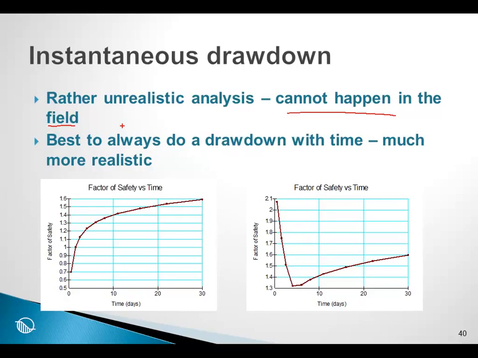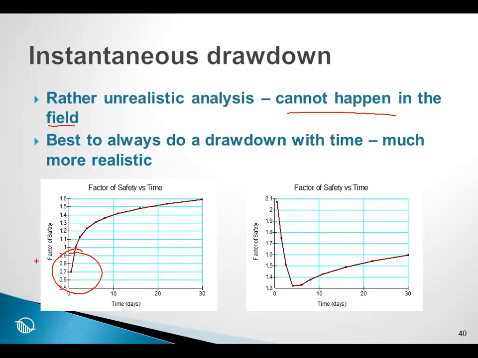But the results between drawing the reservoir down very fast over 5 days and taking the reservoir away supposedly instantaneously are quite different. If we were to do an instantaneous analysis, the factor of safety would be well below 1. Taking all the reservoir away suddenly, completely, would say that we have a factor of safety that is way below 1 and that we should get a drawdown failure.